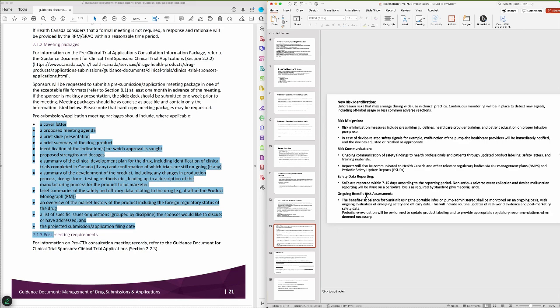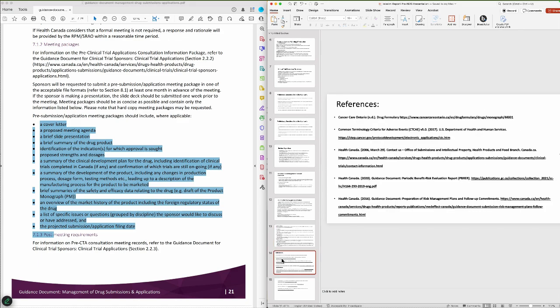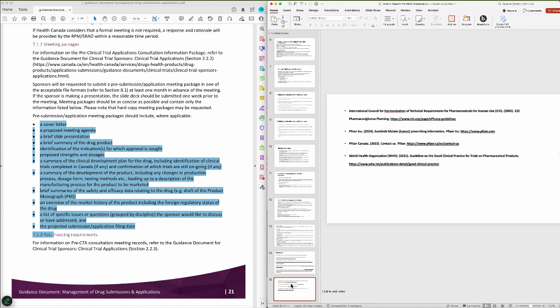This is why we have to have a slide related to the new risk identification and how we are going to identify new risks. And we talk about this with Health Canada reviewers, with scientists. And of course, we have to write down the references. Don't forget that some of the references may be, of course, as you see here, internal documents.